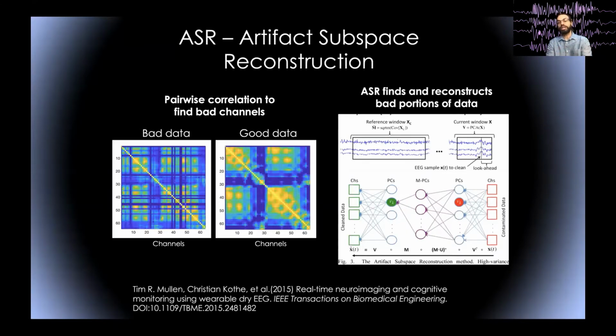And this is a complex algorithm that's based on projecting the data on principal components and trying to see if there are outliers on these principal components. And if there are outliers, it usually tries to correct for these outliers by reconstructing the data. In this case, we'll just reject the bad portion of data because we don't need to keep the data corrected.